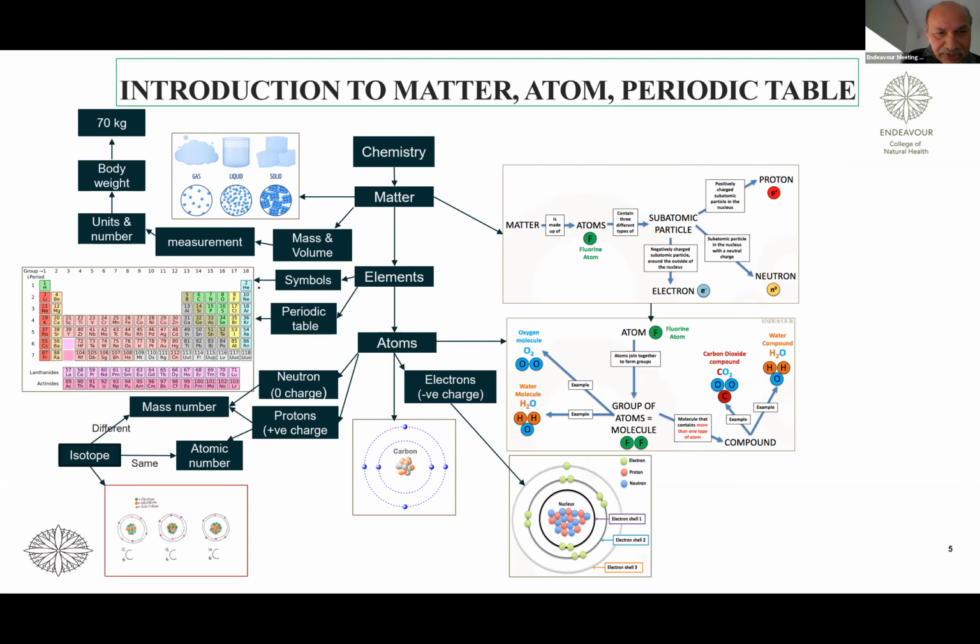Okay. Matter consists of elements. Elements are represented by symbols, which is shown in the periodic table. Elements are made up of tiny particles known as atoms. Previously, scientists thought that atoms are uncuttable. If you use a very sharp Gillette knife, you could cut into small, tiny pieces, but you reach a point you can't cut further.